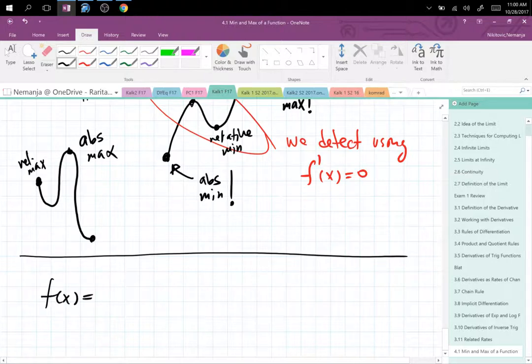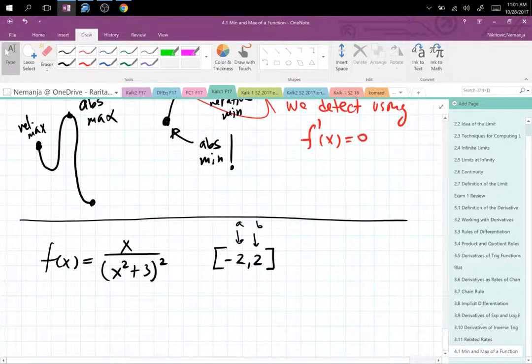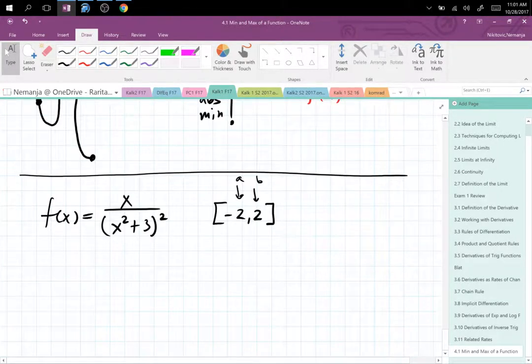f of x is equal to x divided by (x squared plus 3) everything squared, and we are supposed to compute that on the interval -2 to 2. So guys, these are your a and b on the interval. They're not x and y, they are x and x.